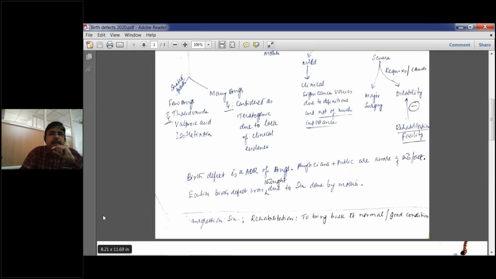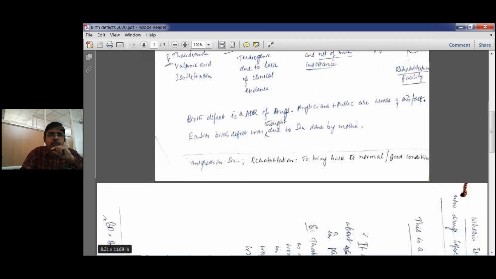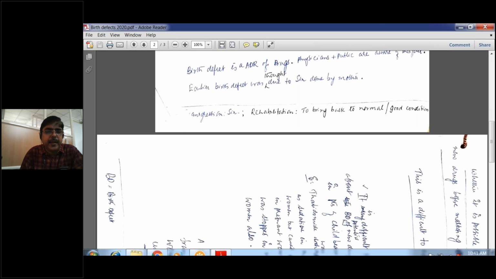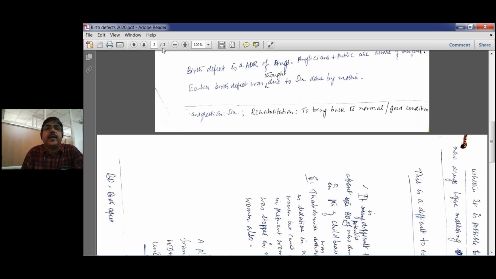Okay. For curiosity, I'll tell one thing: earlier we used to believe that a birth defect was supposed to be a sin done by the mother, and that is why the child is born like that. Now it is not like that.